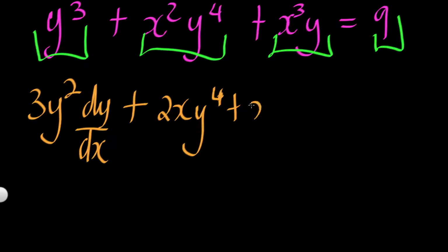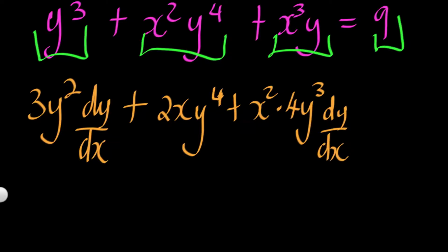So I keep my x squared. I differentiate y to the power of 4, which is I'll be multiplying here by 4y cubed. But because I'm differentiating y to the power of 4 in terms of x, I multiply by dy dx.